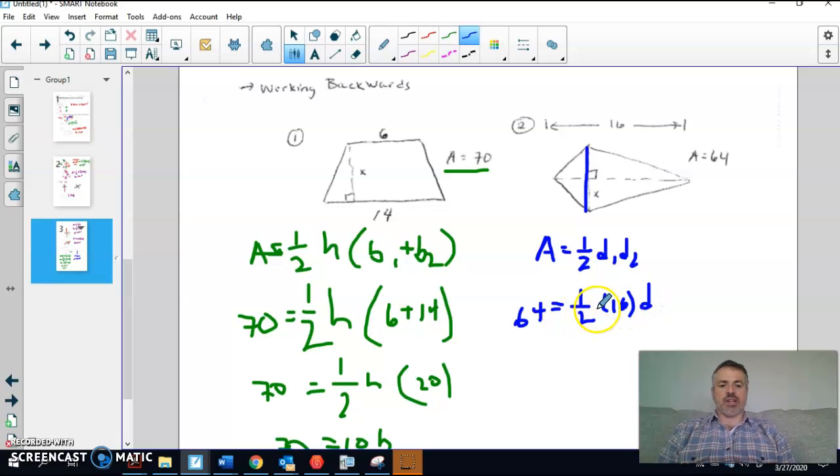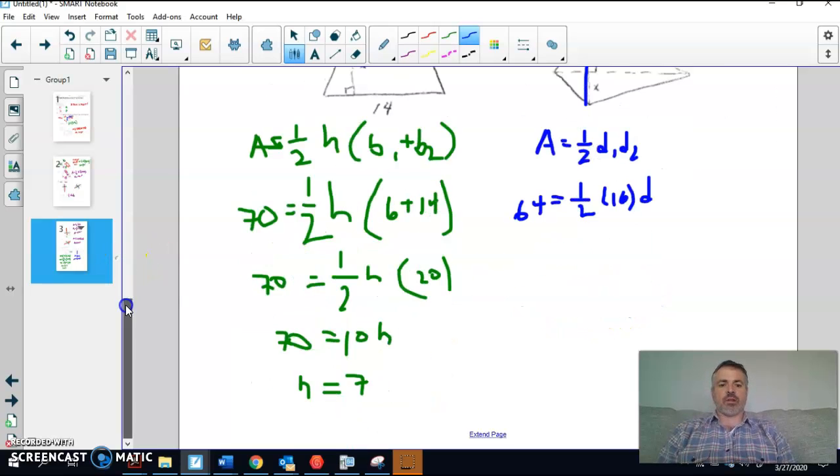So again on this, I would just take 1/2 of the 16. Half of the 16 is 8. So 64 would then equal 8 times d. Which means when I divide by 8 both sides, that means the diagonal is equal to 8.